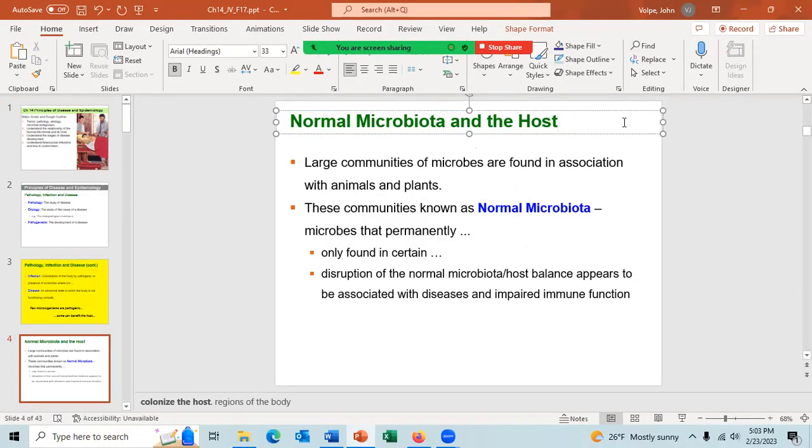And the normal microbiota is only found in certain places, obviously on the surface of people, in their mucous membranes. They're not normally found internal to the body, such as the internal organs and tissues.